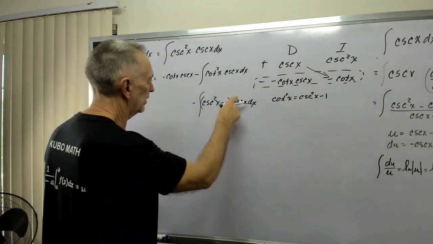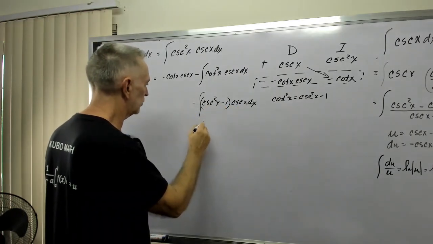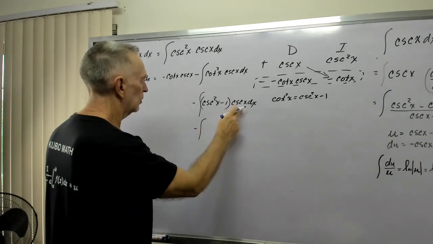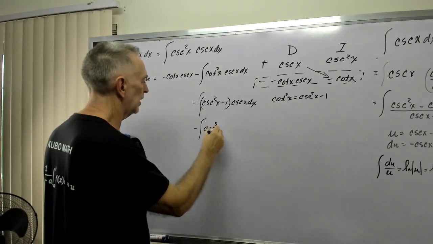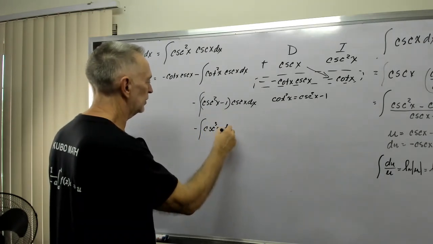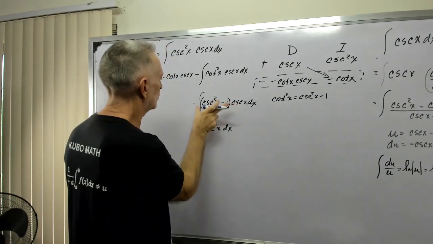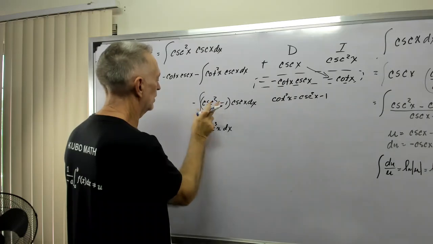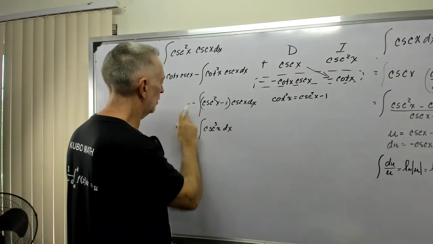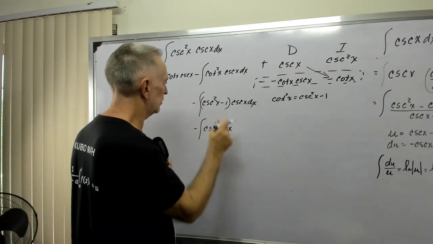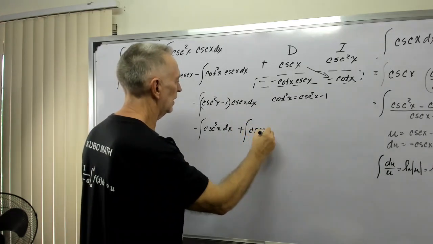So now if I multiply cosecant x by everything in the parentheses, I end up with cosecant x times cosecant squared is cosecant cubed x. I'll separate this into two integrals. And then this negative cosecant x, don't want to lose that negative, because that negative times this negative gives me a positive, the integral of cosecant x dx.